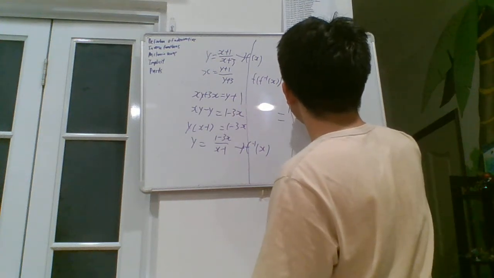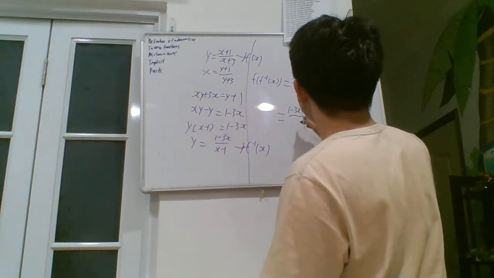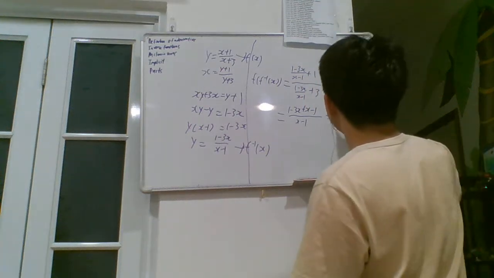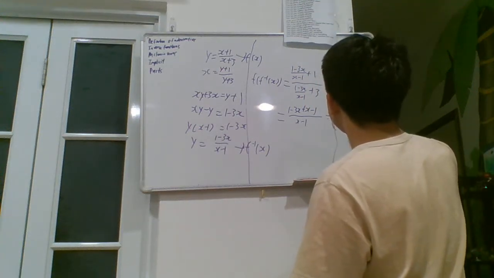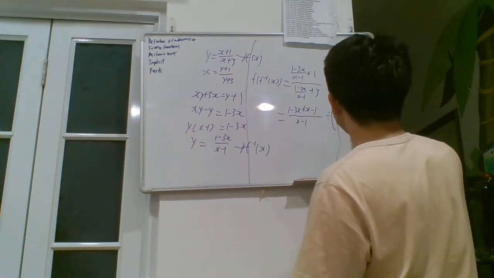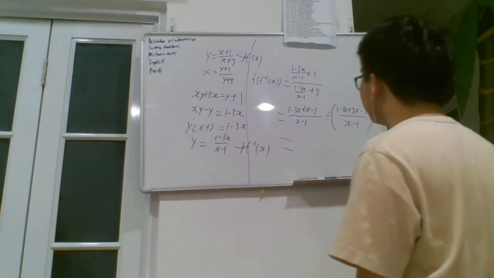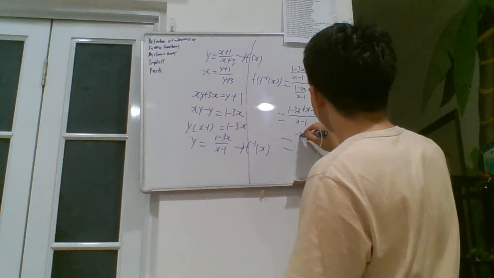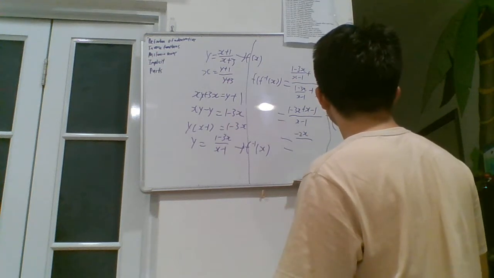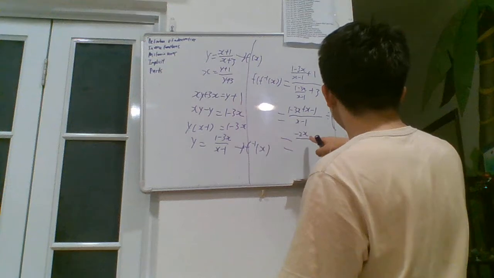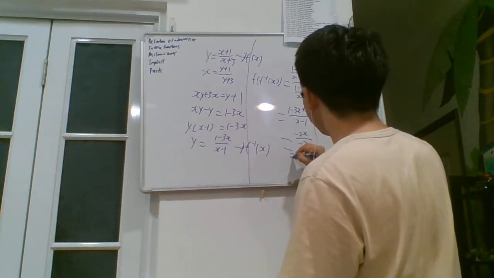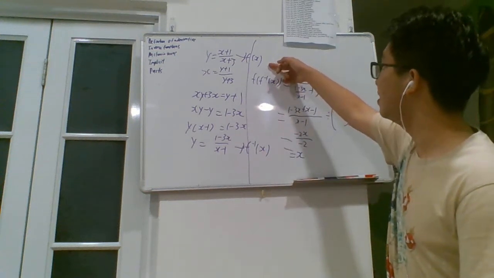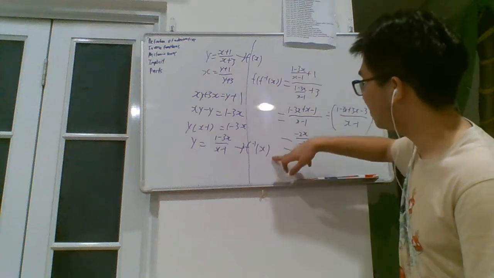So (1 minus 3x plus x minus 1) over (x minus 1), divided by (1 minus 3x plus 3x minus 3) over (x minus 1), which will evaluate to negative 2x over negative 2, which will give you x. So as you can see, this is the inverse function of this, and this is the inverse function of this.